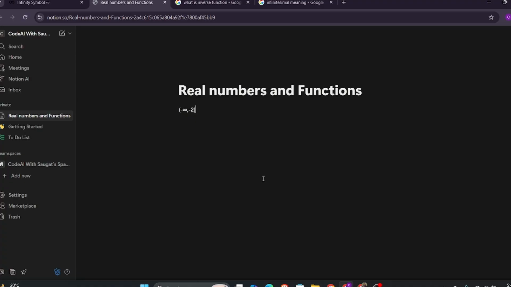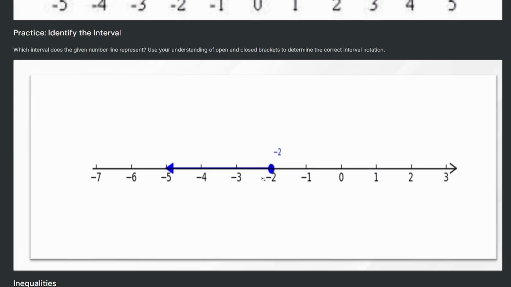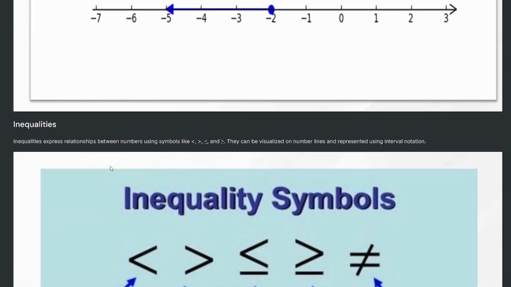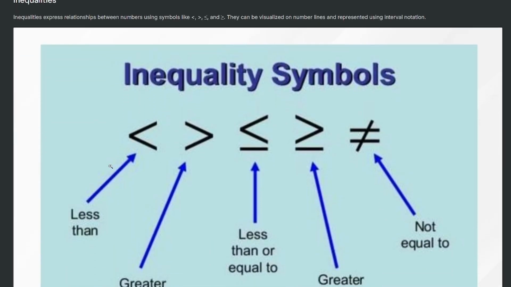We use a square bracket because at -2 there is a closed interval, meaning -2 is included, but we cannot include negative infinity or positive infinity. So always remember, in the case of infinity, we always use an open bracket, meaning infinity can never be included in the number system, number line.